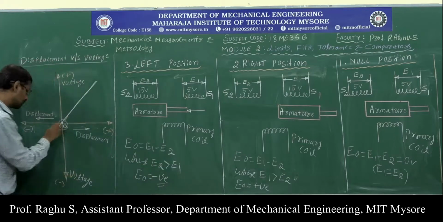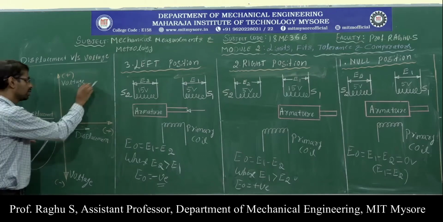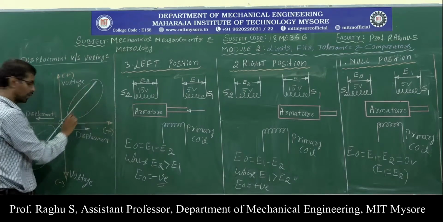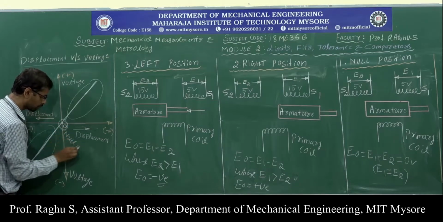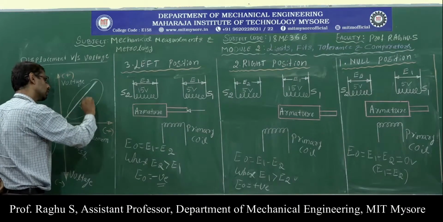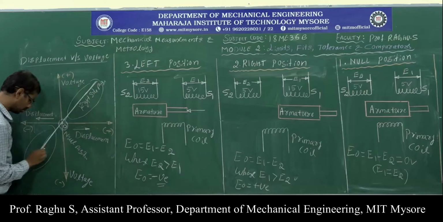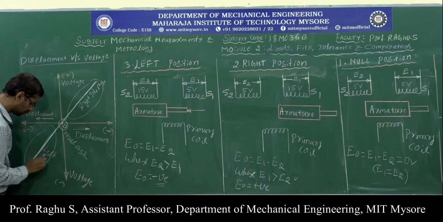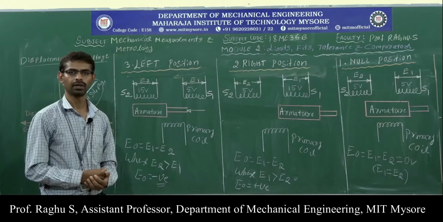So this line represents the left side position, this line represents the right side position, and this origin represents the null position.